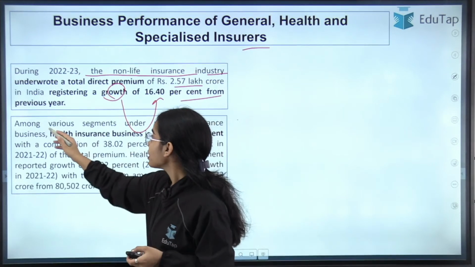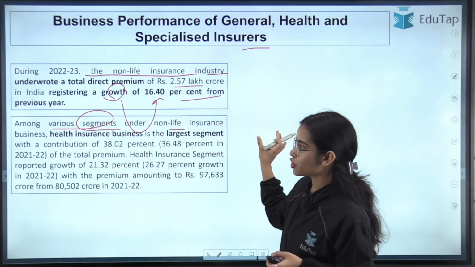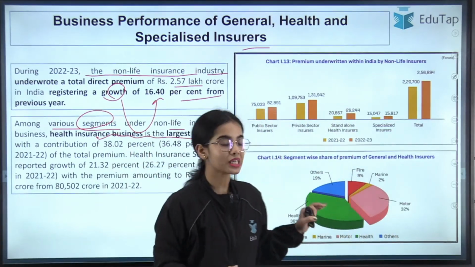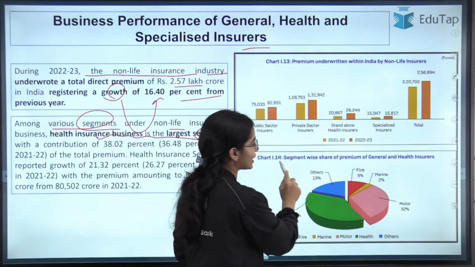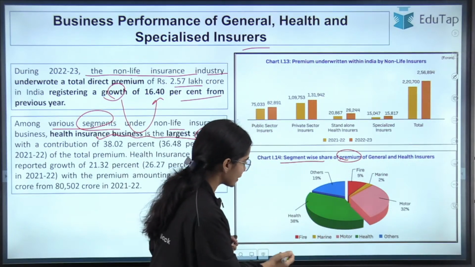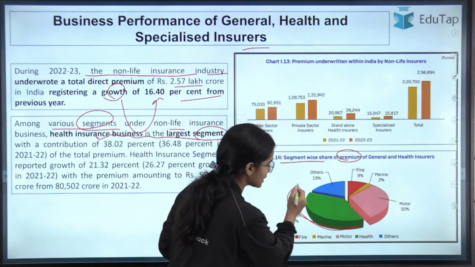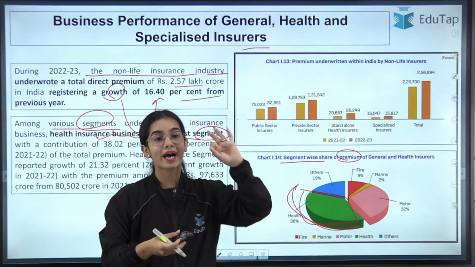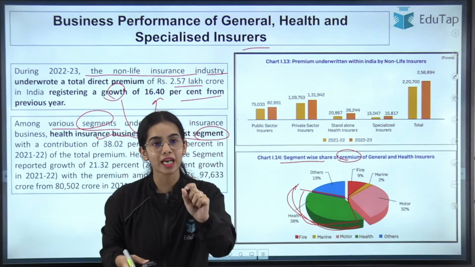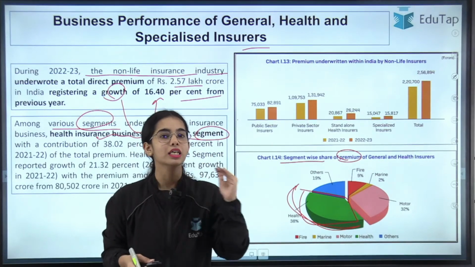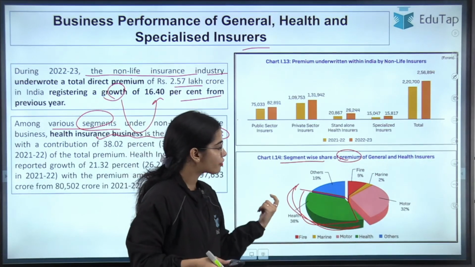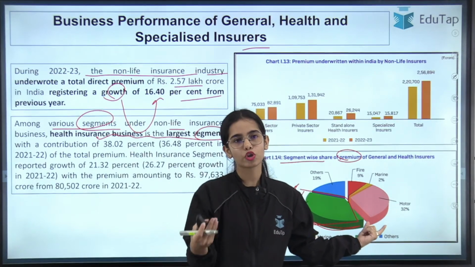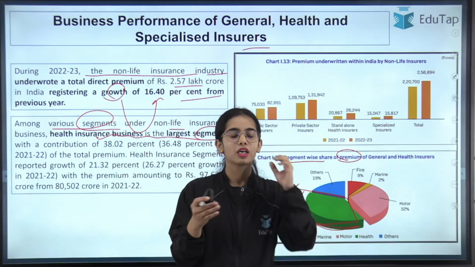Among various segments under non-life insurance business, health insurance is the largest segment. Here you can see the segment-wise share of premium. Health insurance is the highest category in non-life insurance, so the highest premium collection in the non-life segment is by the health segment. After this there is the motor segment, because you have to take third party insurance for your vehicle, for your car.